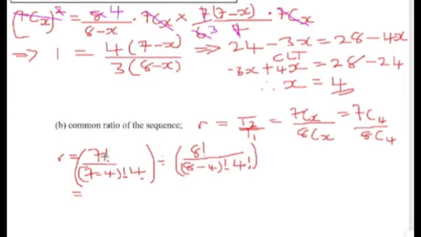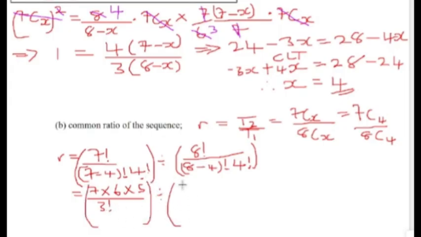So basically, simplify that. It will be 7 times 6 times 5, because everything 4 factorial will be cleared by this 4 factorial, divided by 3 factorial.